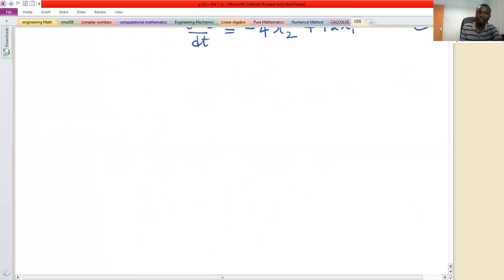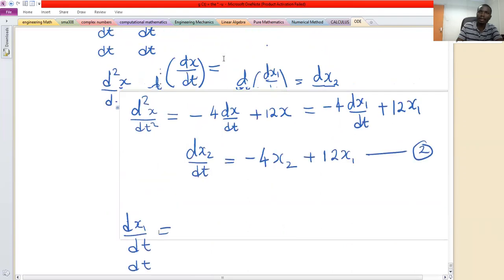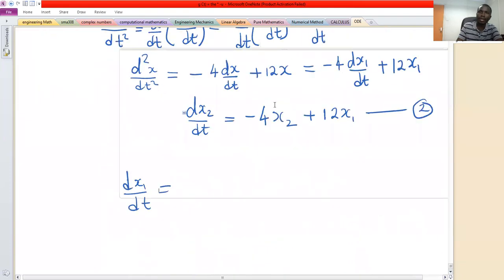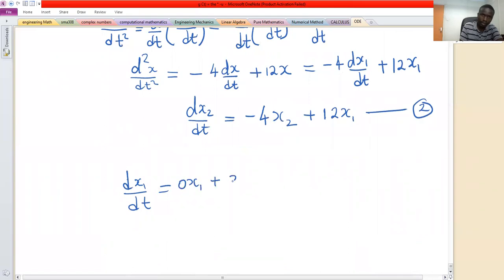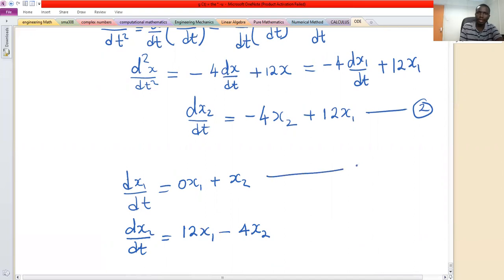So therefore dx1 dt can be written as 0 x1 plus x2, and dx2 dt is equal to 12 x1 minus 4 x2. Call this one 3, call this one 4.